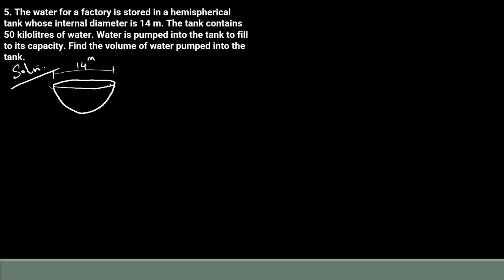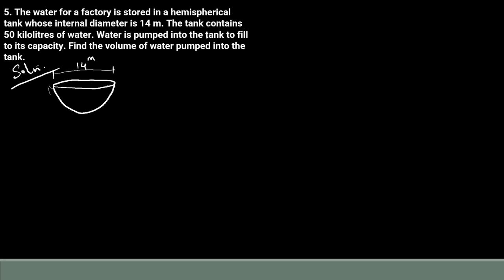There will be another external, let's say there is some thickness, but it looks like we don't need to draw it in this problem. Because it says about how much water it stores, only the internal diameter is required, right?